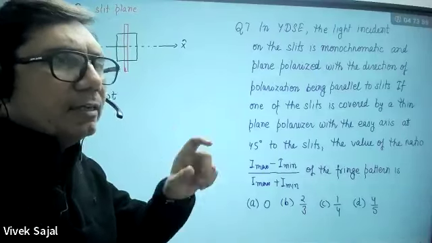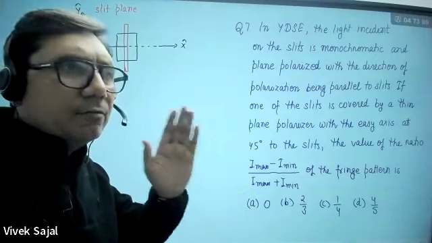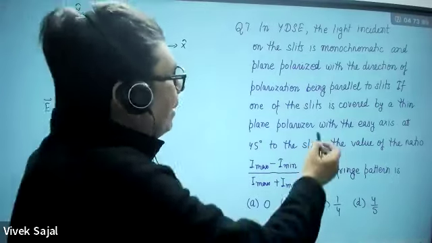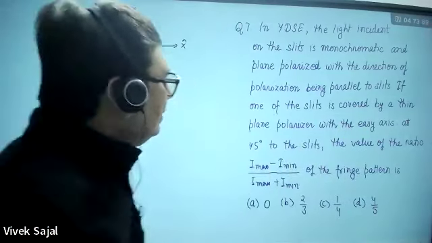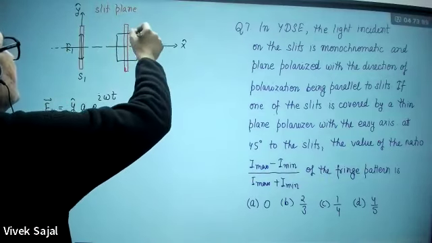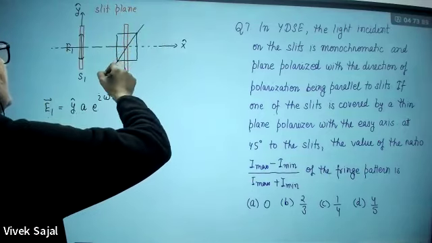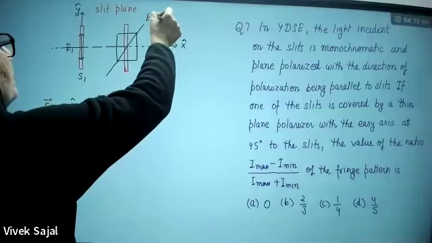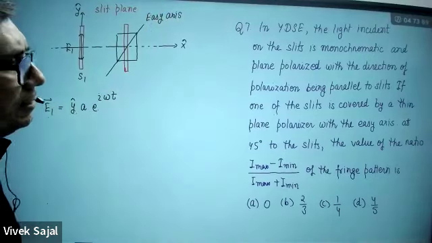So whenever you have a polarizer, it allows only those electric vectors which are parallel to the pass axis. The transmission axis is at 45 degree to the slit. This is the transmission axis of the polarizer.